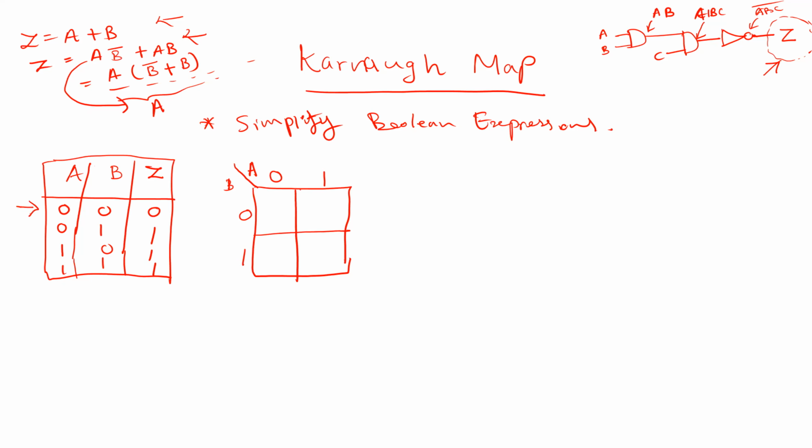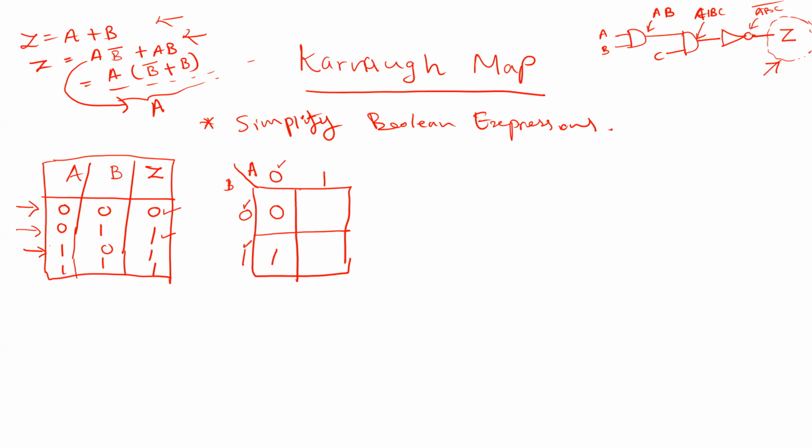First check the first entry, A0, B0. What's the value? 0. We mark that here. Okay. And the second one, A0, B1. What's the value? 1. Okay, 1.